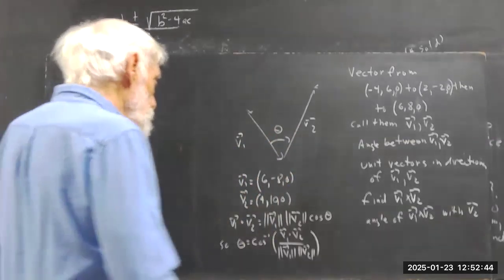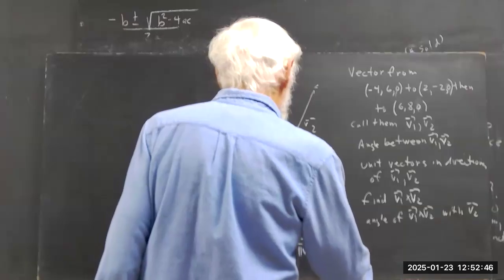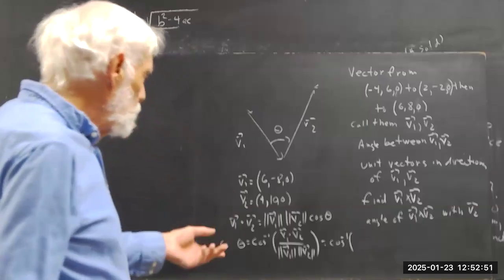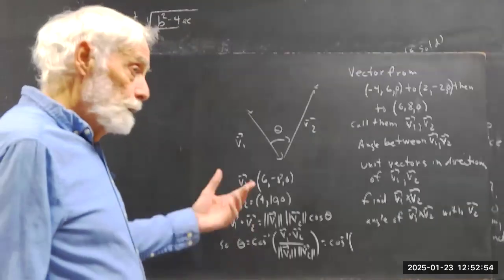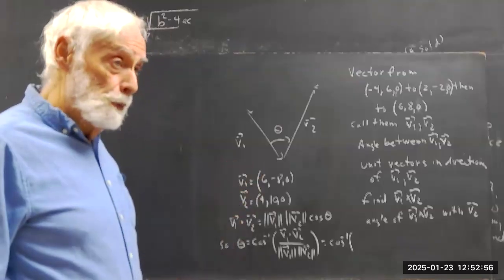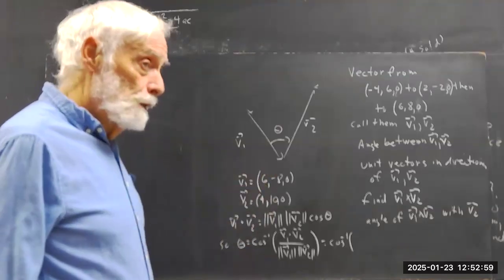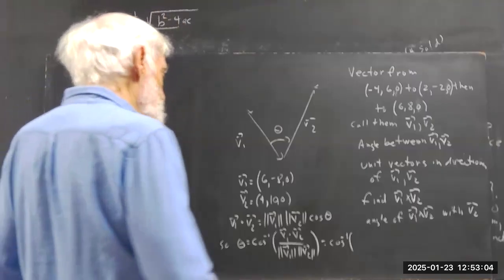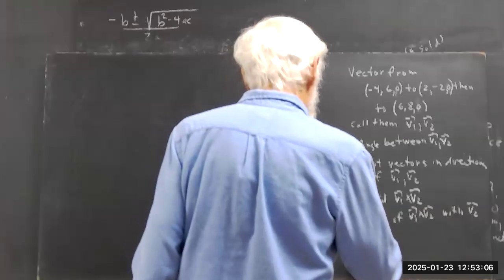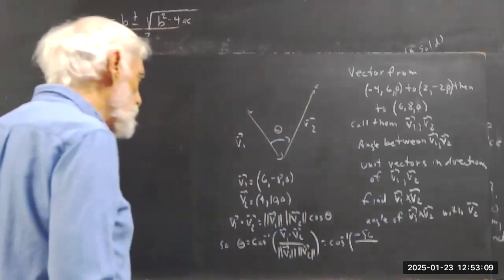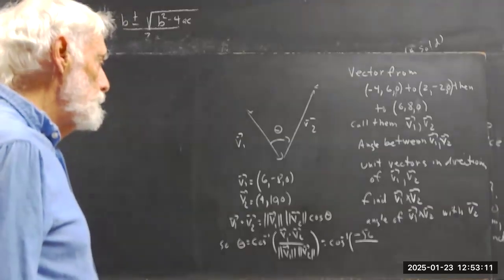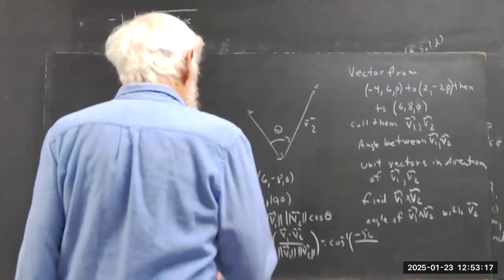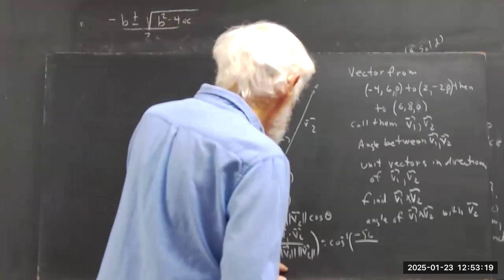Okay. And that's going to then be the inverse cosine of V1 dot V2. So I'm not going to write out the details, but it's 6 times 4, which is 24. And -8 times 10, which is -80, which gives you -56, over the magnitudes.